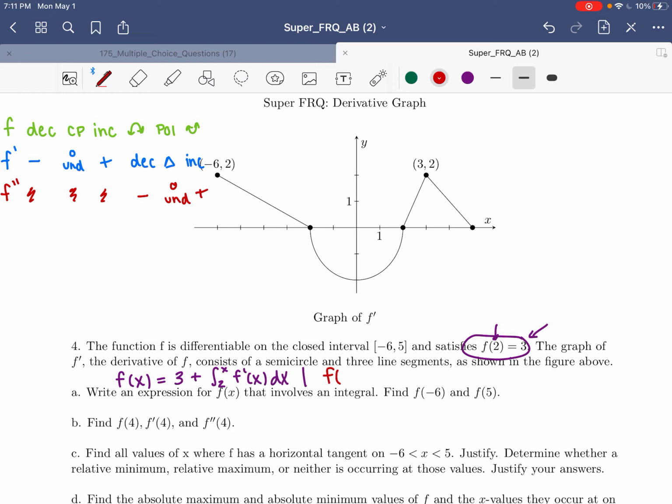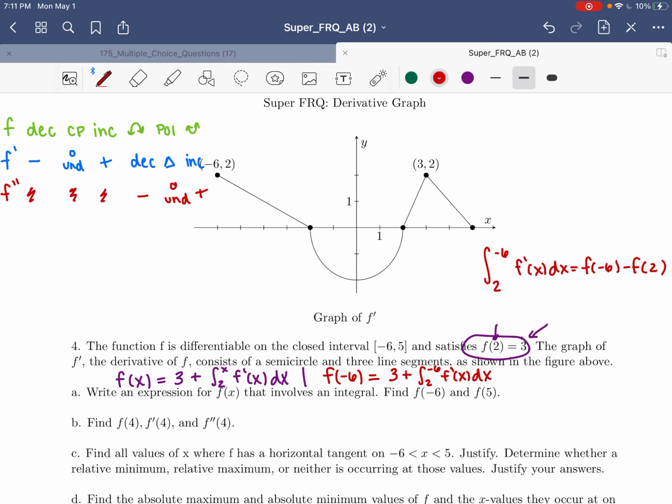So we know that f of -6 is going to equal 3 plus the integral from 2 to -6 of f prime of x dx. Some way you might see this also is basically this. Same thing. We've just added that f of 2 to the other side. That's why this 3 is out here in front. It doesn't matter, whichever way you prefer.